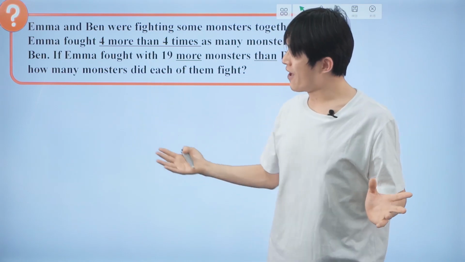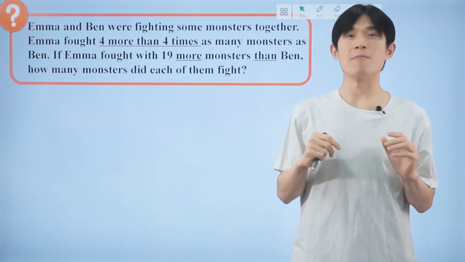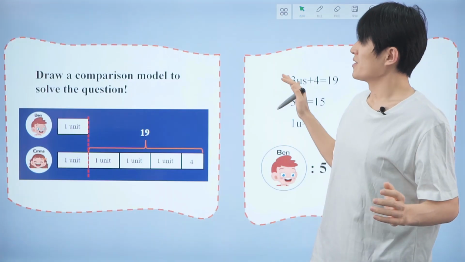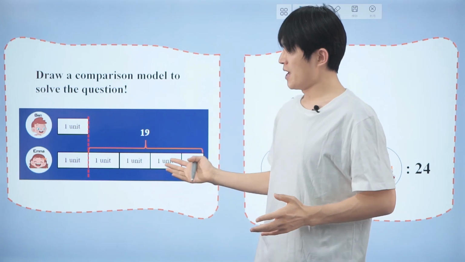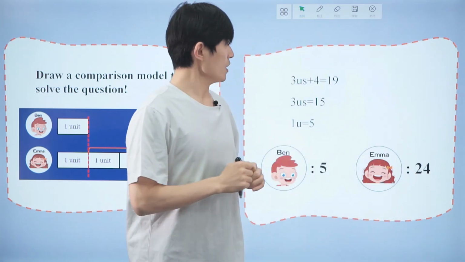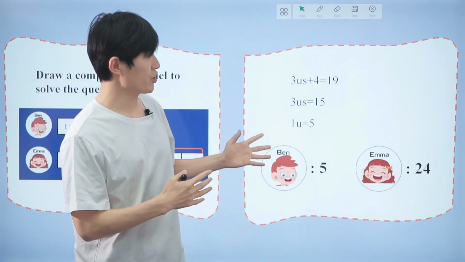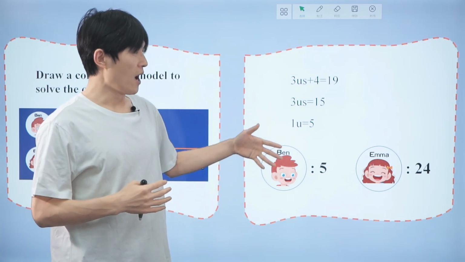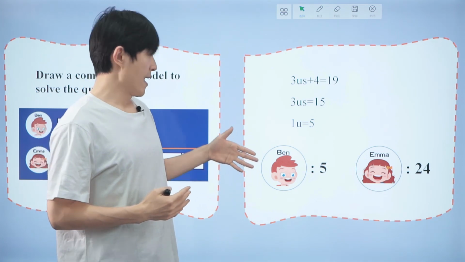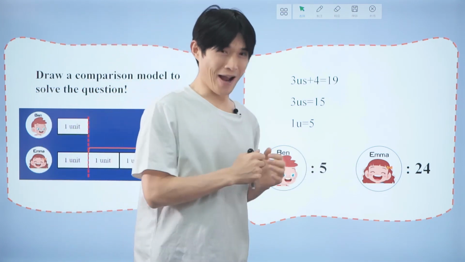And then you know how many monsters each of them fought, okay? So first, draw a comparison model to solve the question, and then you know the mathematical expression, and you get the value of 1 unit, and then you know the monsters fought by Ben and Emma, okay?